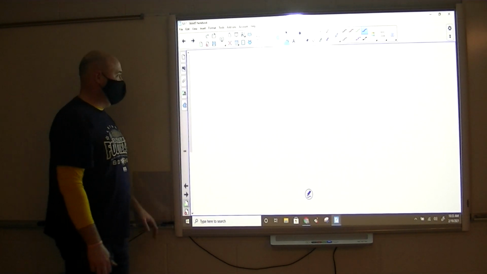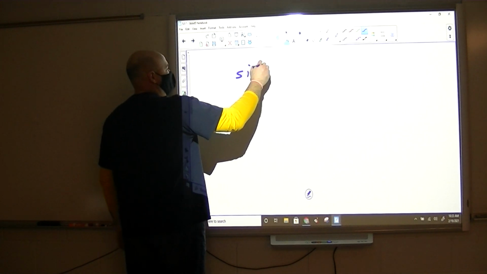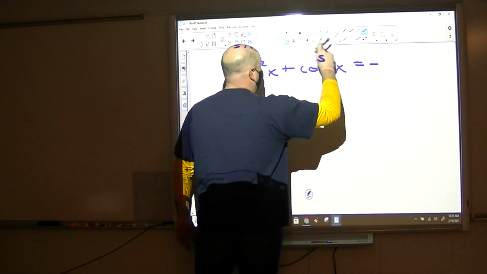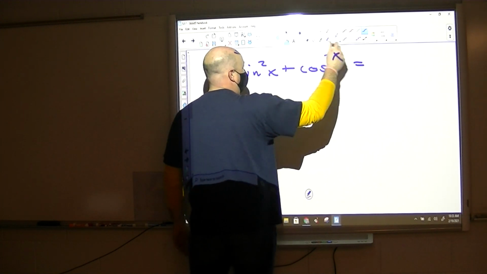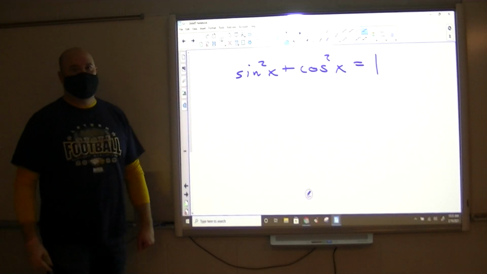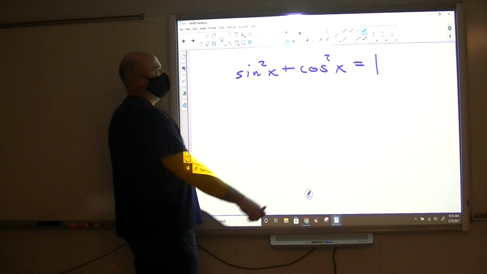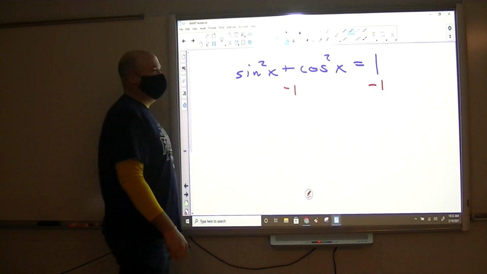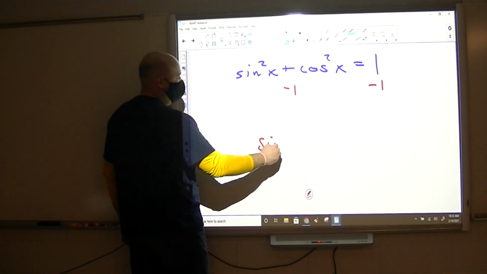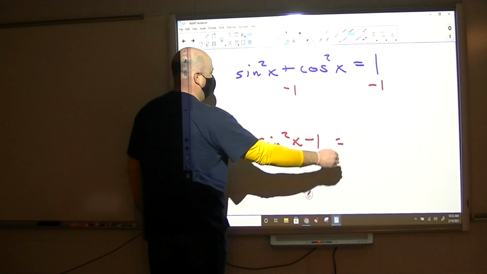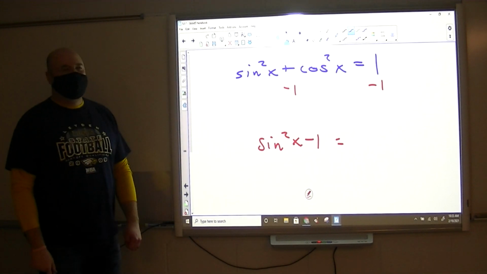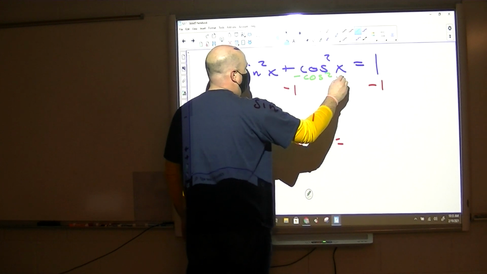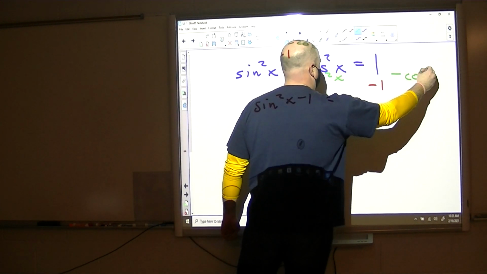So we go into the margin and we figure out how we can get a statement that says sine squared minus 1. Sine squared minus 1 means I need a minus 1 over here. But if I want the statement to say sine squared x minus 1 equals, then the cosine squared x needs to come over here.